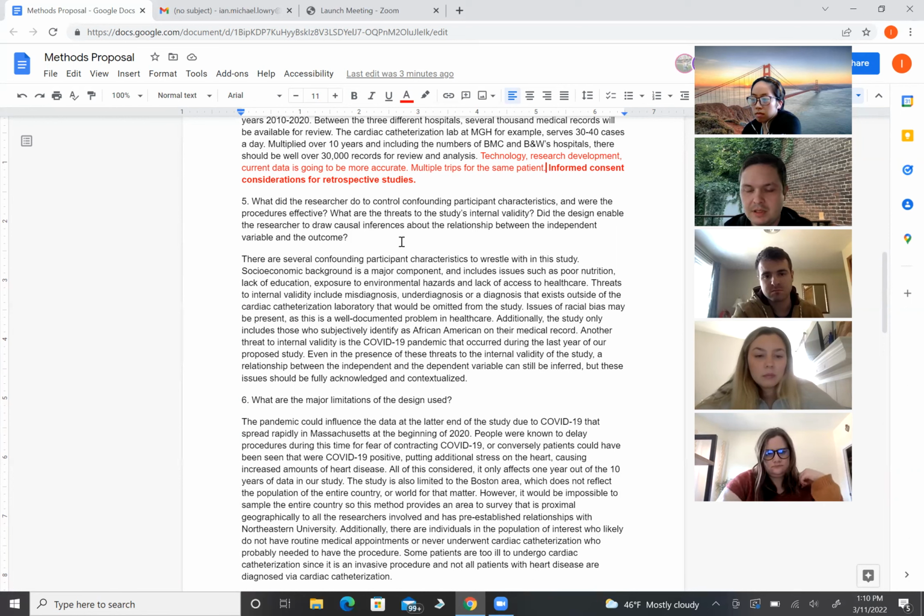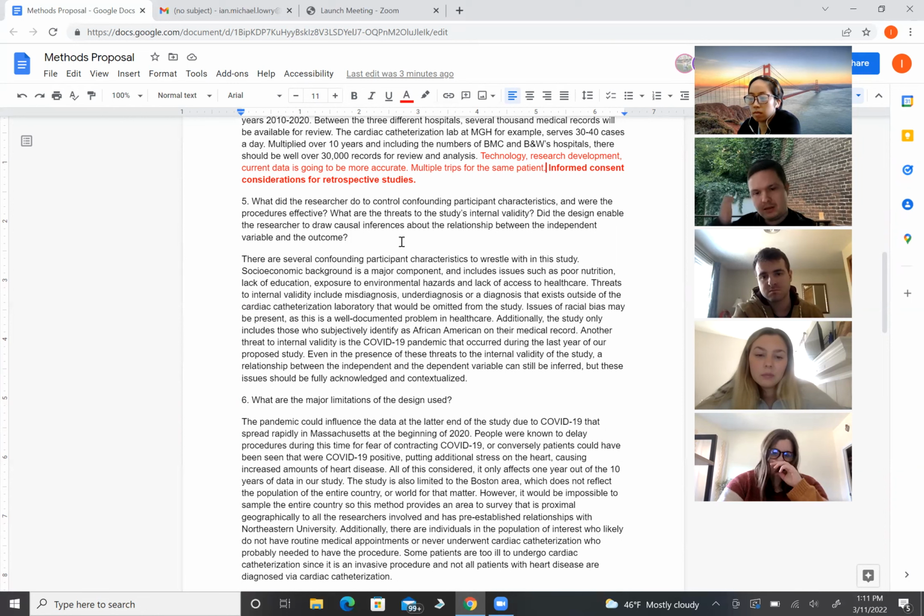In the last year of our study, COVID was going on. Some people might have delayed their procedures to go to the hospital for fear of getting COVID, but for other people, COVID might have exacerbated their sickle cell or their heart disease. So that is definitely a consideration when looking at the data.